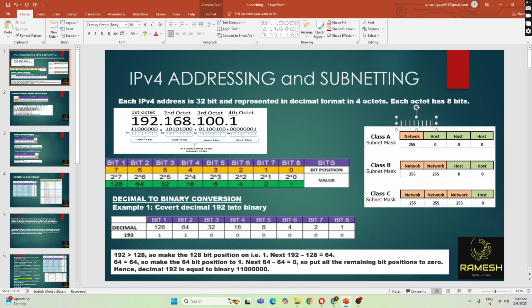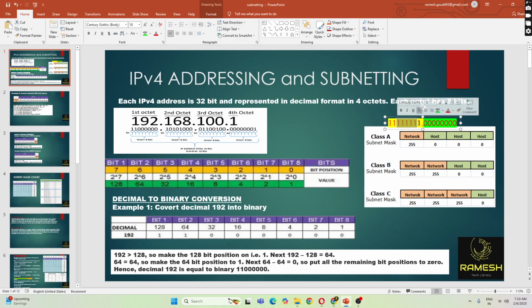These network bits are fixed, and the dot 0000 parts are not fixed. These, which I am representing in green color, are host bits, and these are network bits. So the network bits are always fixed.